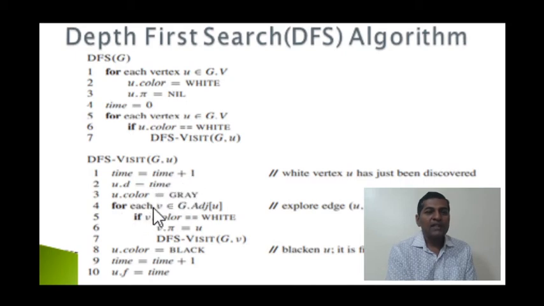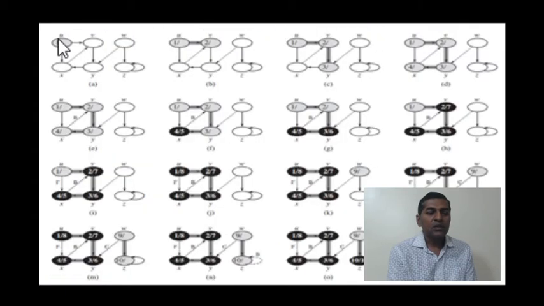All the adjacent vertices of u. We have selected u as a vertex, and the timestamp assigned is 1. Then the adjacent vertices, v and x, are adjacent to it. So what we have to do? We have to visit them.